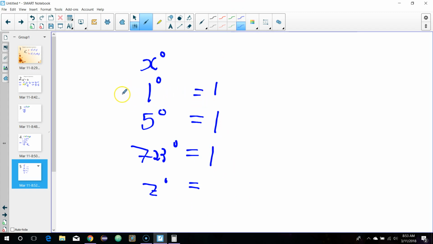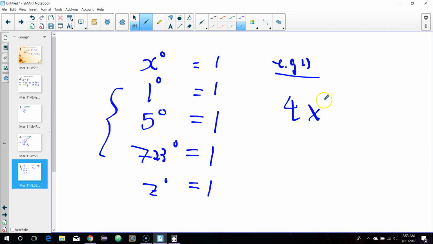So with only 3 examples, hopefully you can see it. Anything with the power of 0 is equal to just 1. It doesn't matter what that expression is, okay? So long as you have an item, for example, 4 times x to the power of 0, 7 to the power of 0, and y to the power of 2, like this example. 4, nothing attached to it, so it just stays 4.